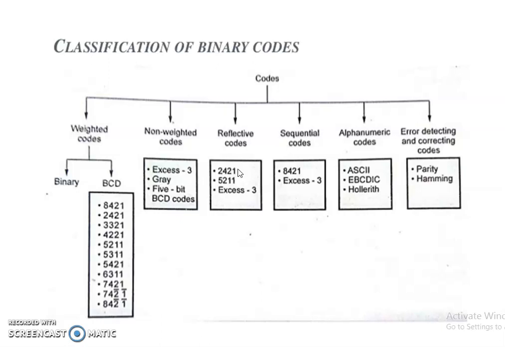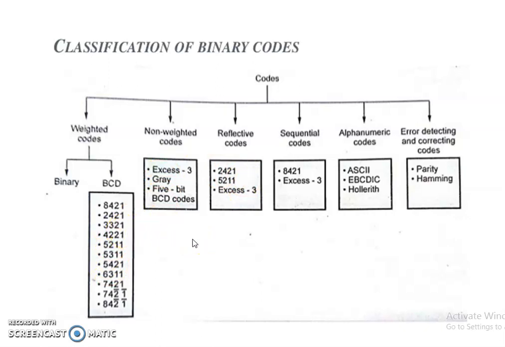It means that the code for 5 is the complement of 4. So 2421 BCD, 5421 BCD and XS3 code are reflective codes. It means that 8421 is not a reflective code.